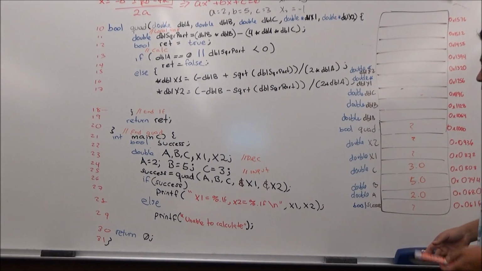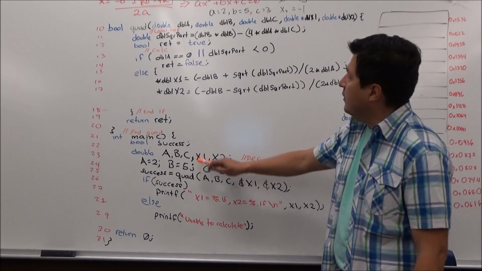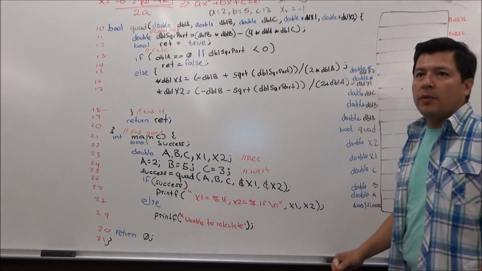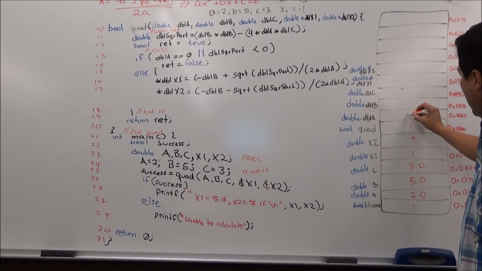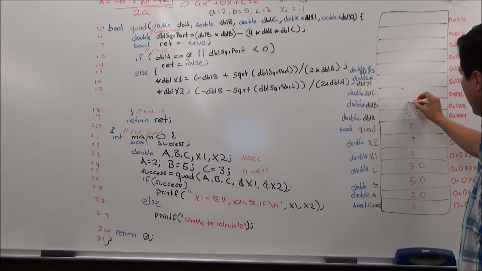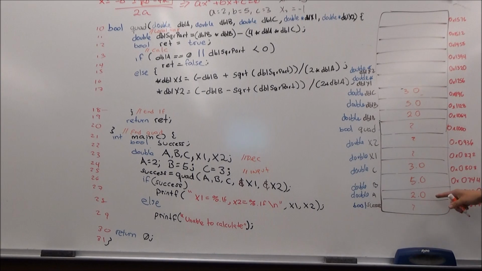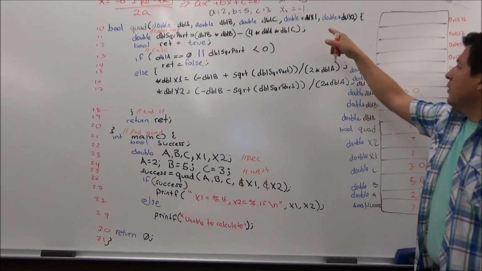So we pass a value to the function. So let's pass by value. That's important. A lines up with double A, B lines up with double B, and C lines up with double C. So it copies the content of A and puts it in double A. That's why it's passed by value. It copies the values. And these ones are pointers.